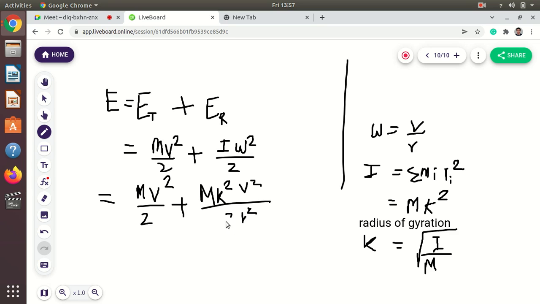Now from this equation I can take m v square by 2 common. So this is equal to m v square by 2 times the bracket. Inside the bracket, only 1 remains because everything else is taken outside, so 1 plus K square upon r square. You can use either capital R or small r.